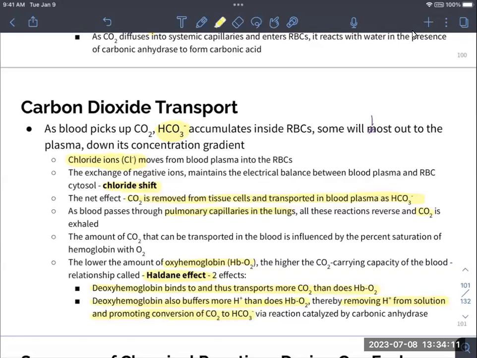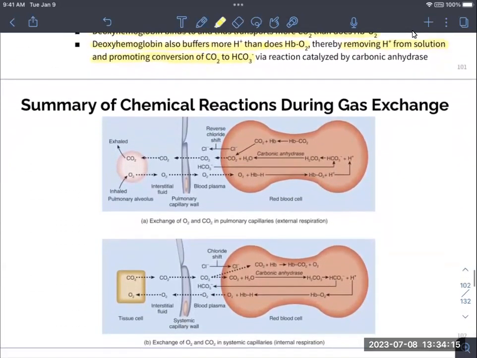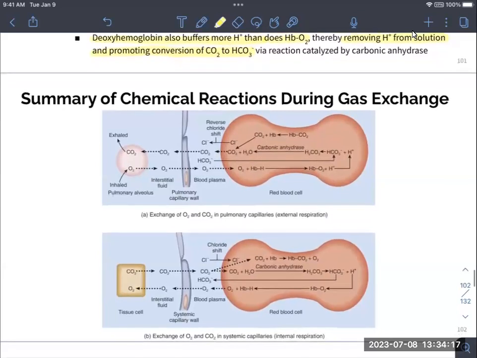So during this whole process, in the pulmonary at the top, we can see all of these different reactions that are happening inside of this red blood cell. So we have that hydrogen plus that bicarbonate, which gives us carbonic acid, which with that carbonic anhydrase gives us water and carbon dioxide.